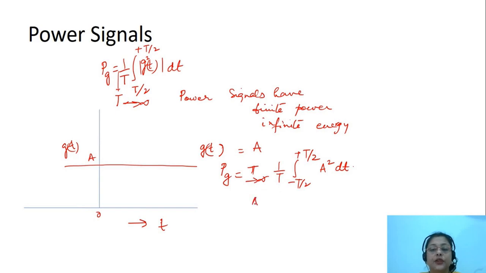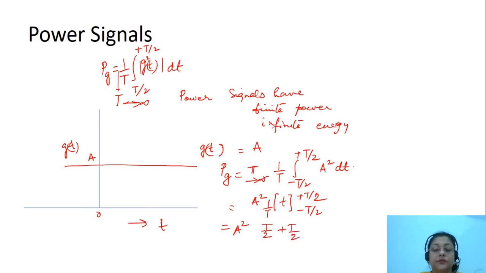So this is going to be equal to A square into T by 2 plus T by 2, divided by T, which will be equal to A square.